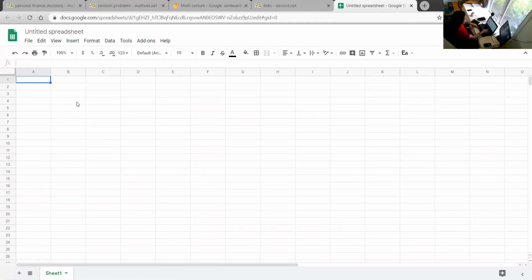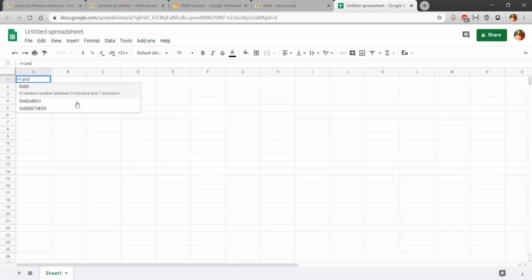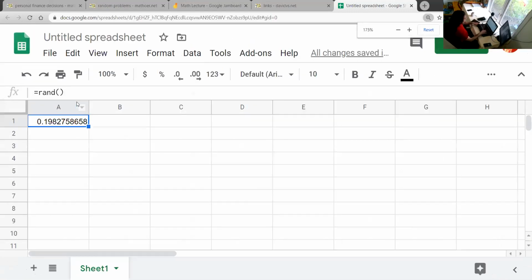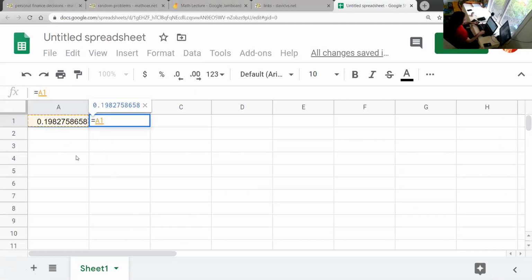With the spreadsheet, you can type equals RAND and then open and close parentheses, and you get a random number between 0 and 1. Let me make this a little bigger. I don't want to simulate a random number between 0 and 1. I want to simulate a six-sided die. So I'm going to hit equals, click on that, and then times 6.